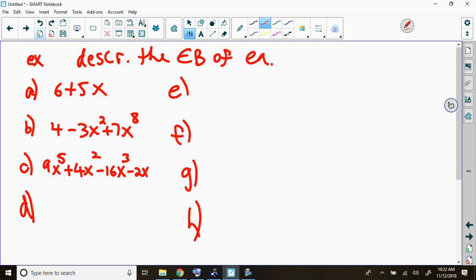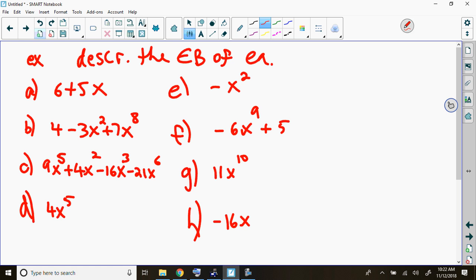Minus 21x to the 6th. There we go. 4x to the 5th, negative x squared. Negative 6x to the 9th plus 5. 11x to the 10th, negative 16x to the 17th power. That'll be enough.